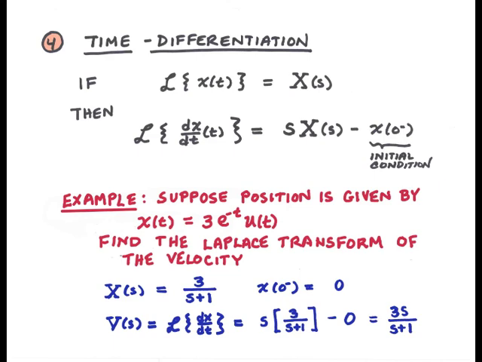X of s is 3 over s plus 1, so this is s times 3 over s plus 1 minus 0. So we find as an answer v of s is equal to 3s over s plus 1. Admittedly, having a discontinuity in position at time 0 is not physically realistic.